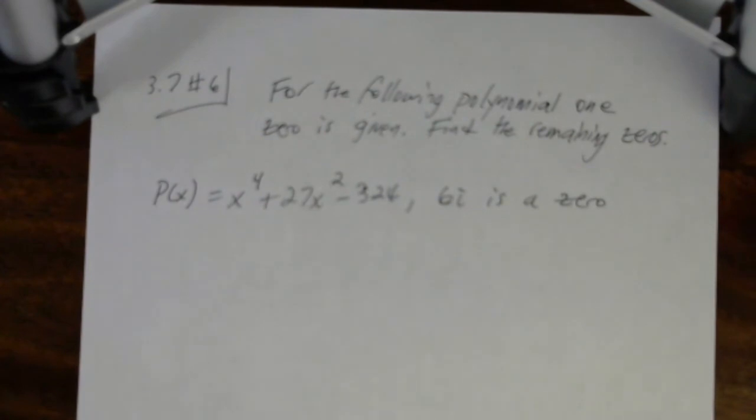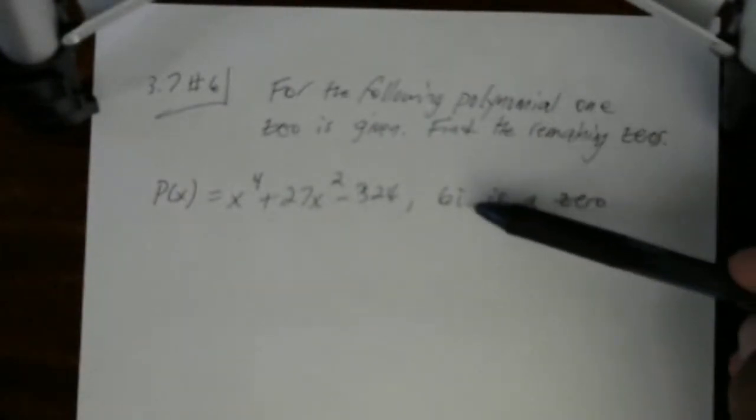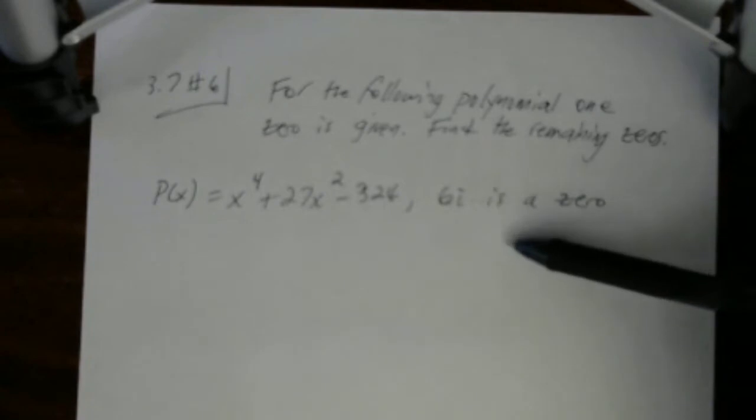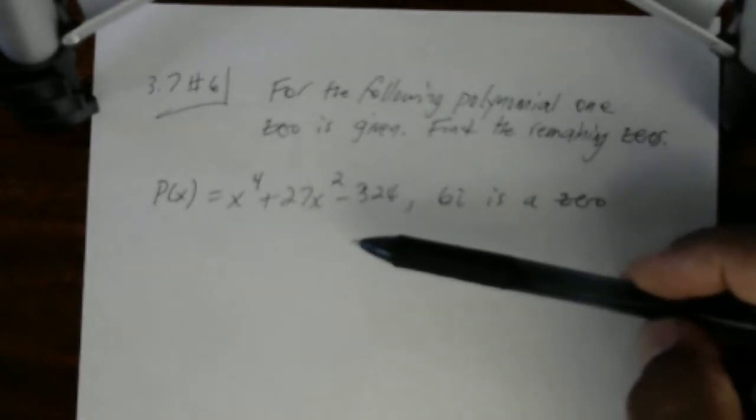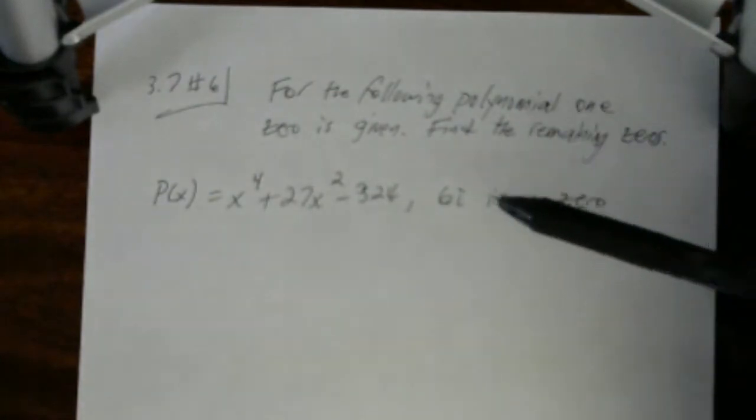So what is our process for this problem? Much like what we did in the last problem, we're given a zero, and we're given this polynomial function.